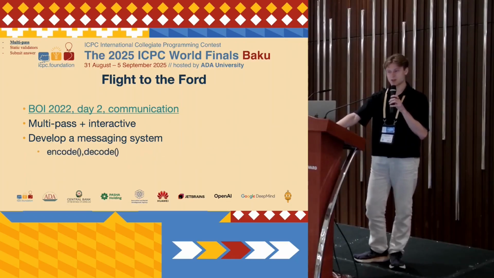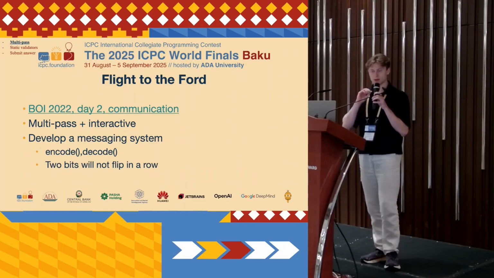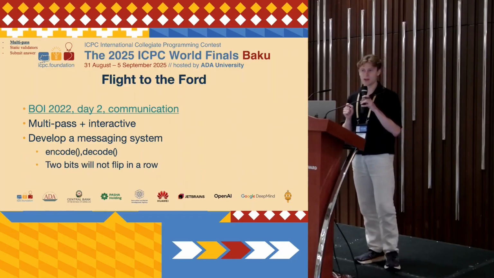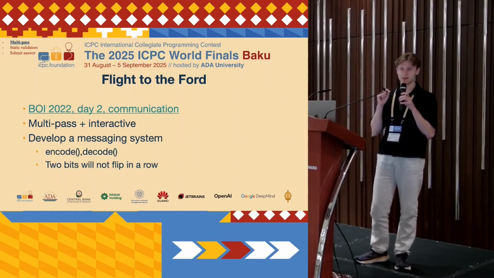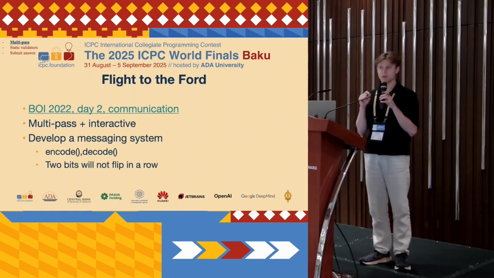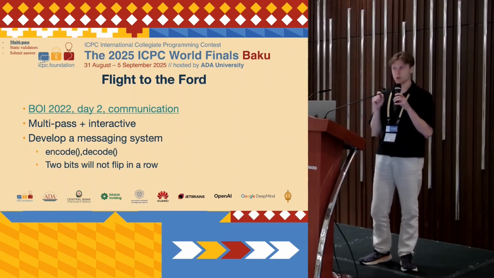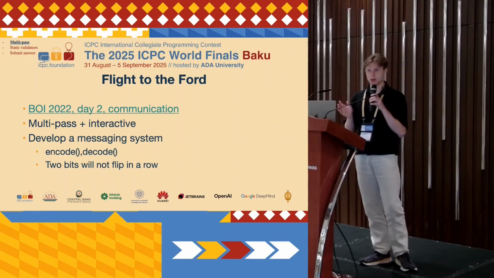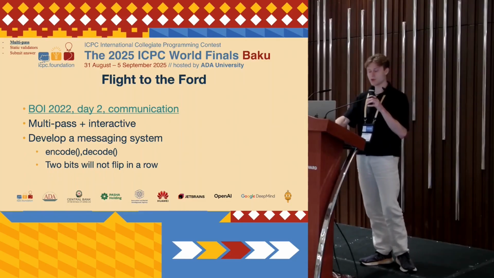But instead of getting a whole message you want to send, encoding it and then sending it off, you're now sending one bit at a time. So you send a bit and you get feedback instantly if the bit sent without flipping or if it flipped. And it's guaranteed that no 2 bits will flip in a row. So you can adapt your sending strategy on the fly, which makes for a very interesting problem.